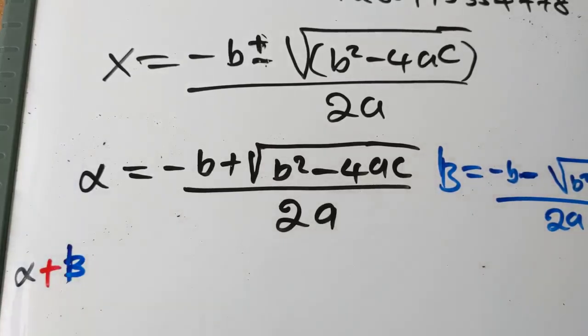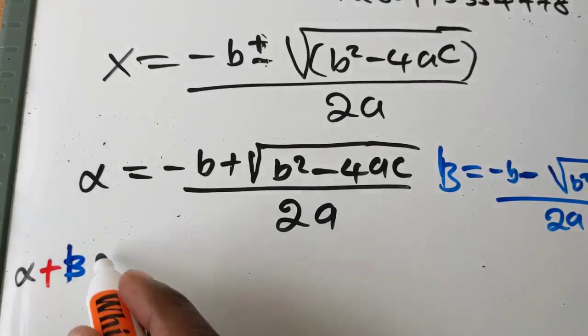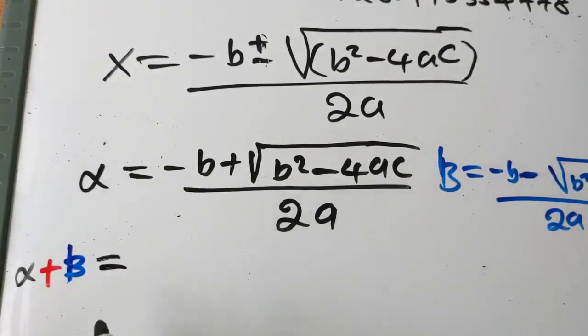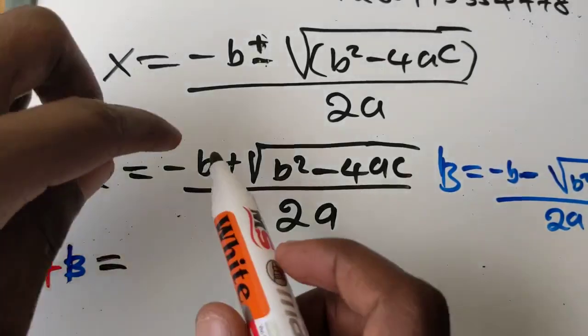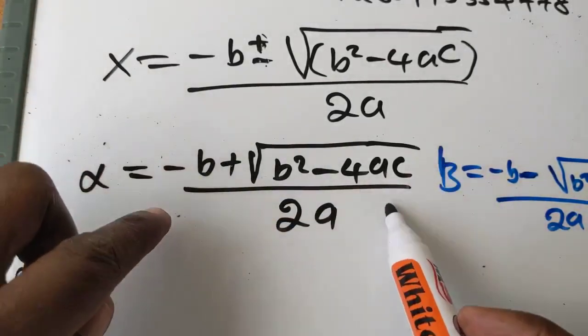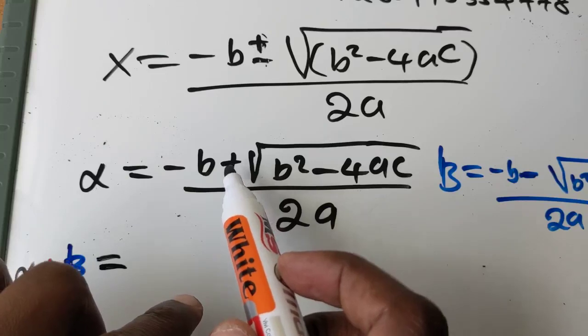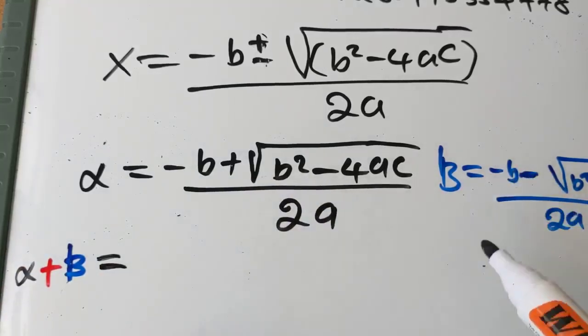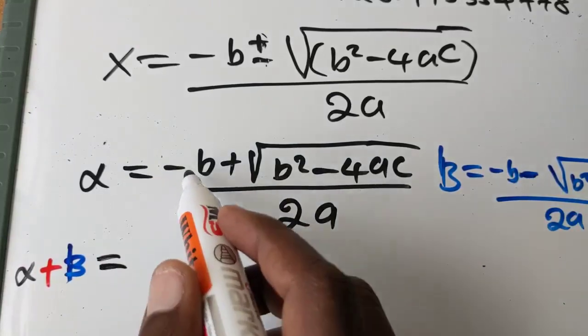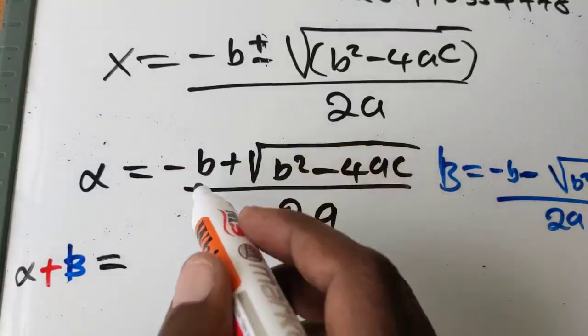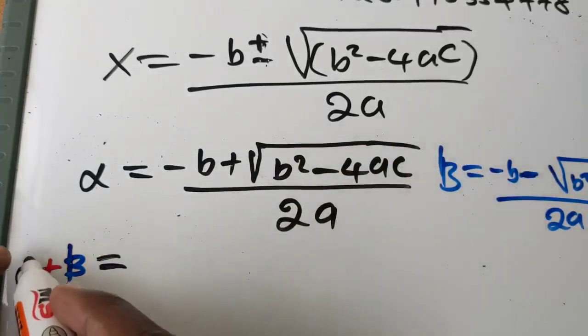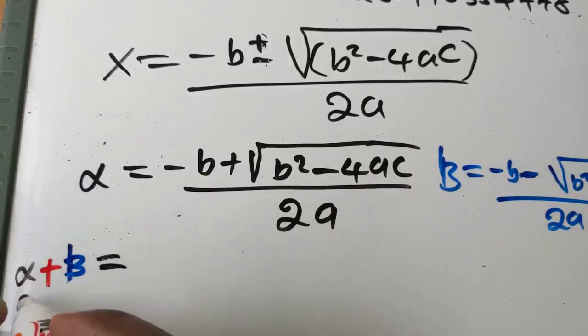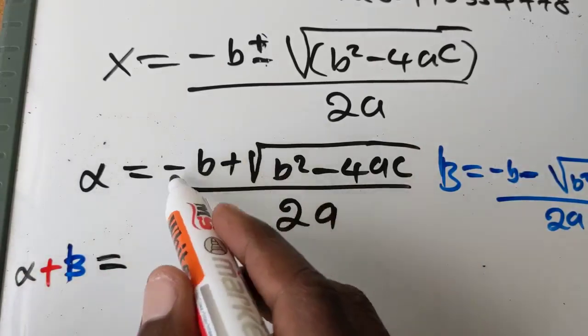So now we know that alpha is this formula that has a positive here, then beta is this part that has a negative here. So we replace this alpha by this formula.